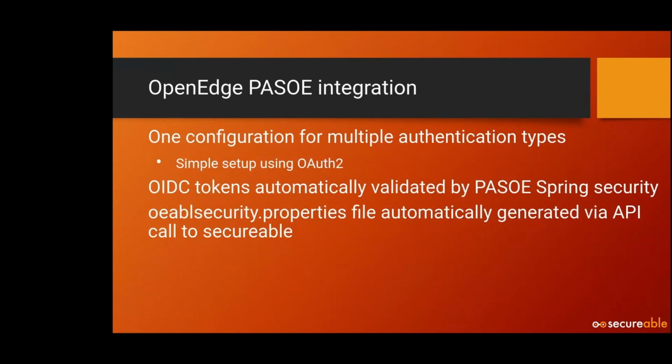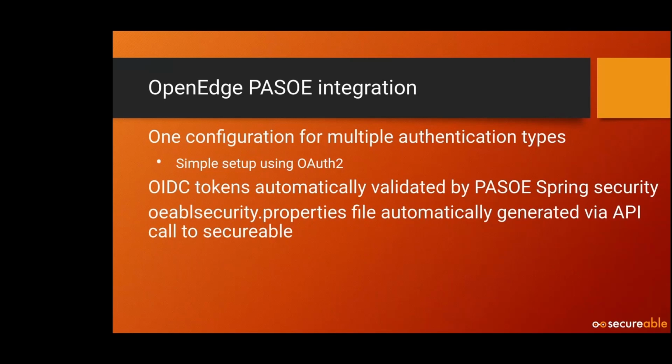PASOE integration. You have one configuration in PASOE now, allowing you to use any authentication system supported by SECURABLE. So username, password, Active Directory, Azure, Auth0, whatever, is one configuration in PASOE, because the SECURABLE system itself is an OIDC provider.